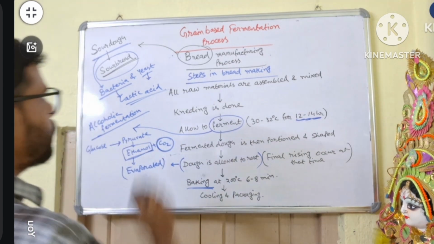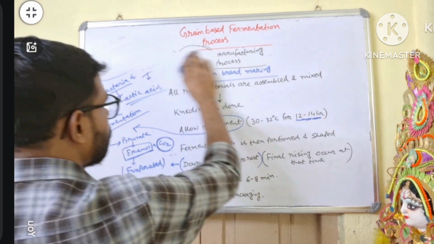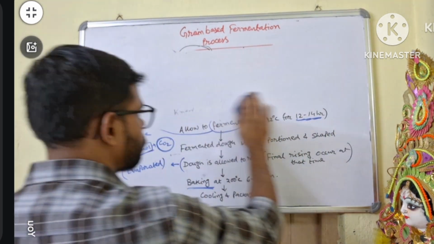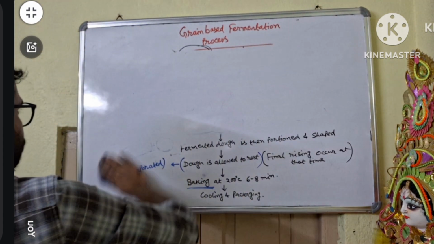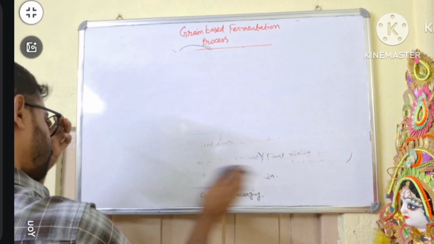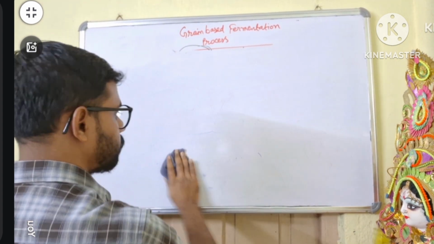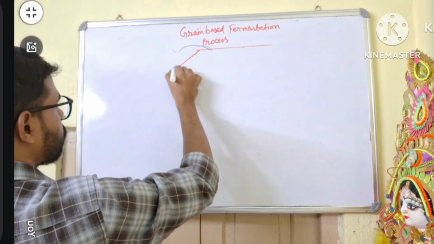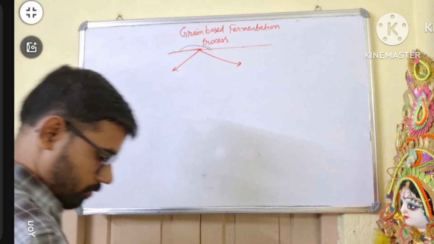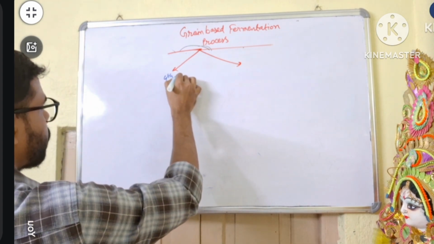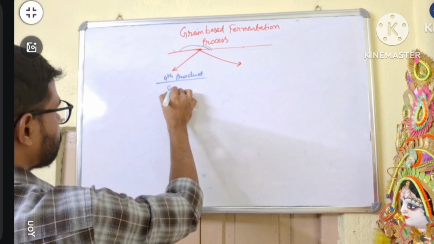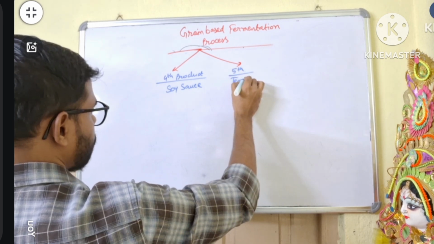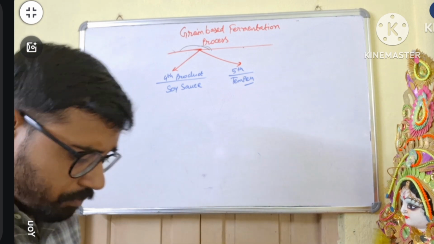And the fourth and fifth grain-based fermentation products are: fourth, soy sauce, and fifth, tempeh. So today we discuss tempeh, not the soy sauce.